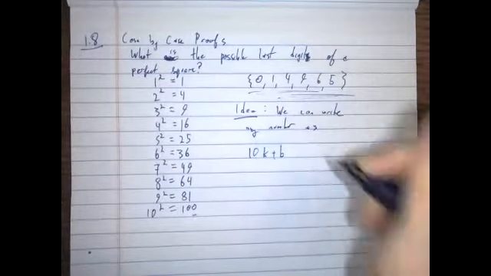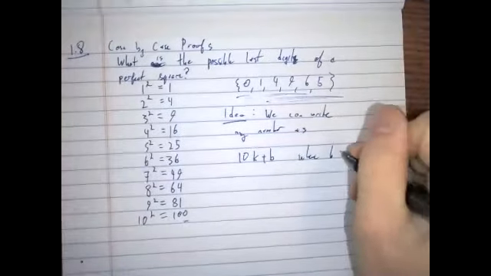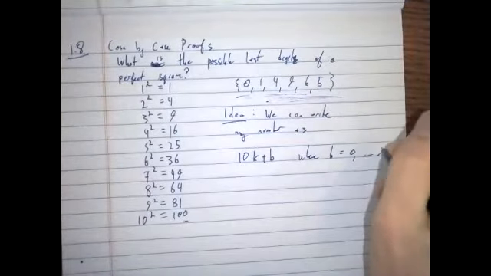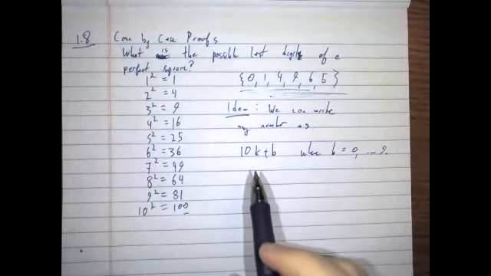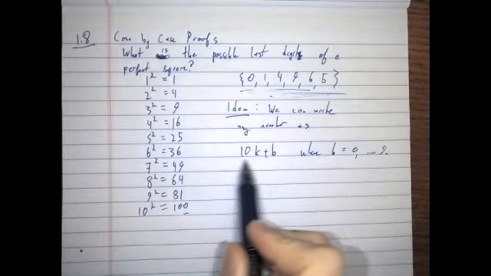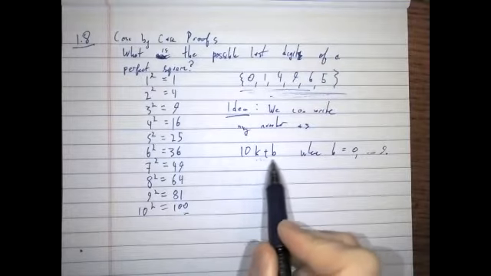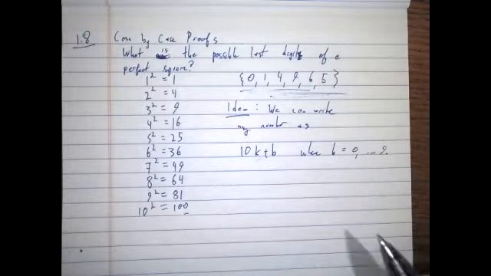10k plus b, where b is equal to 0 all the way up through 9, right? So this is just like a base 10 expansion where I can always write something as a multiple of 10 plus some number between 0 and 9. Yeah, exactly.